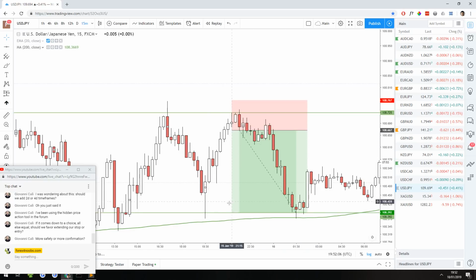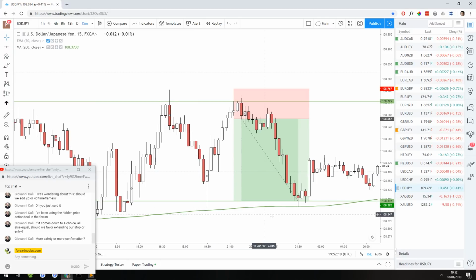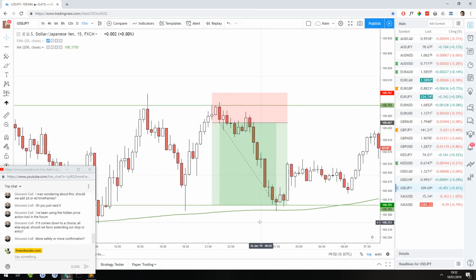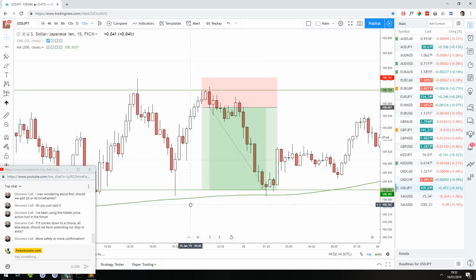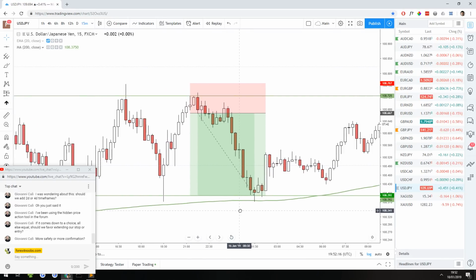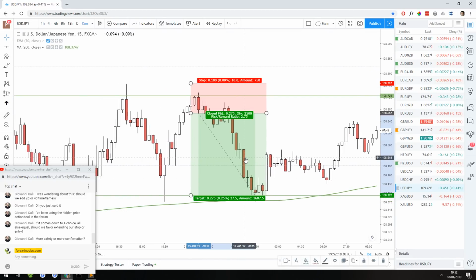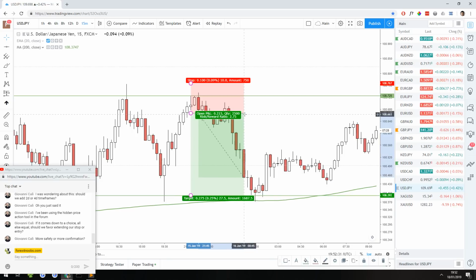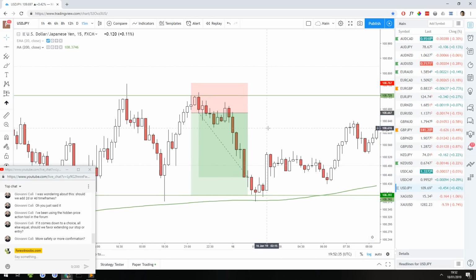You're going to have a smaller risk to reward ratio overall, but I'd rather have a smaller risk to reward ratio and less failed trades, personally. And statistically, for me personally, I've run the data, it is way more profitable to have less losses.